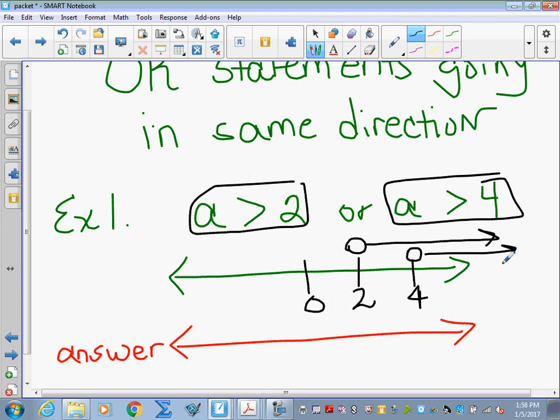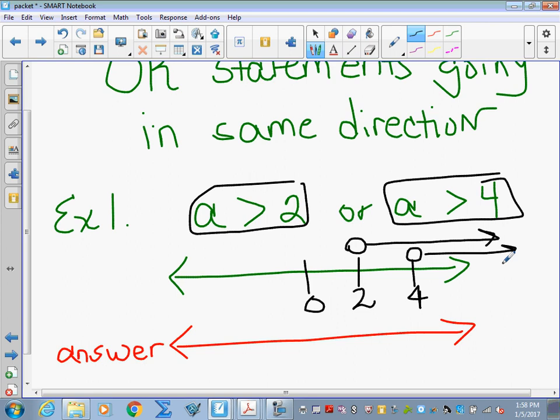Okay, so the one should include both graphs. Just think about what I just said. The one should include both graphs, because remember at the beginning I had you write OR means union. That means combining both answers together. Now it's easy to combine them together when they're going in opposite directions. It's also easy to combine them together when they're going in the same direction.